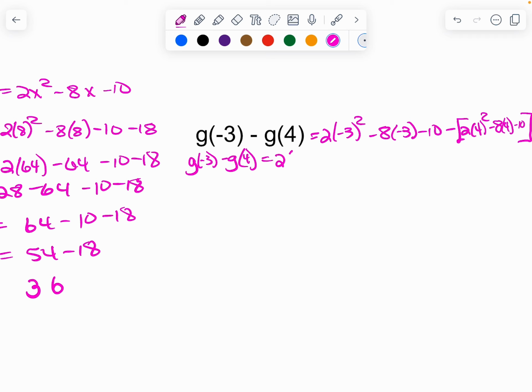Okay, so this is going to be 2 times 9 plus 24 minus 10 minus the quantity, 2 times 16 minus 32 minus 10.